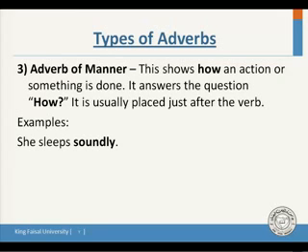How does she sleep? Soundly. He drives. How does he drive? Quickly. So soundly and quickly are adverbs of manner because they describe how the verb happens.